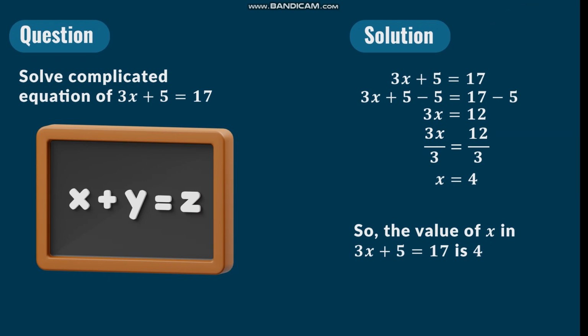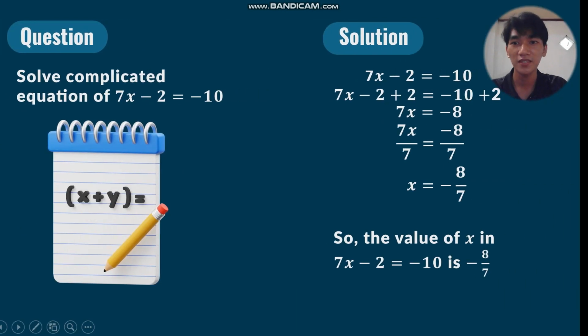So the next question is: solve the equation 7x minus 2 equals minus 10. For the solution, we have 7x minus 2 equals minus 10. We add 2 to both sides, and we have 7x minus 2 plus 2 equals minus 10 plus 2.